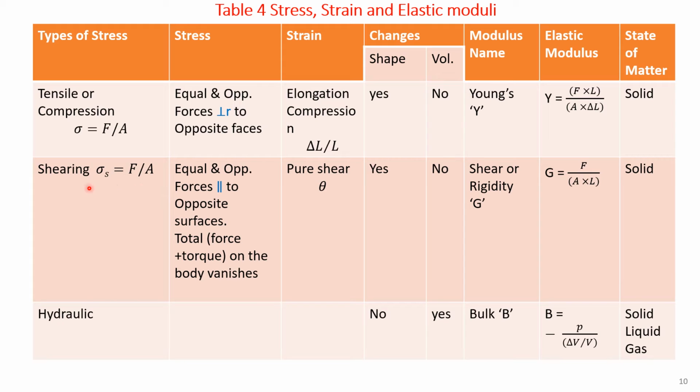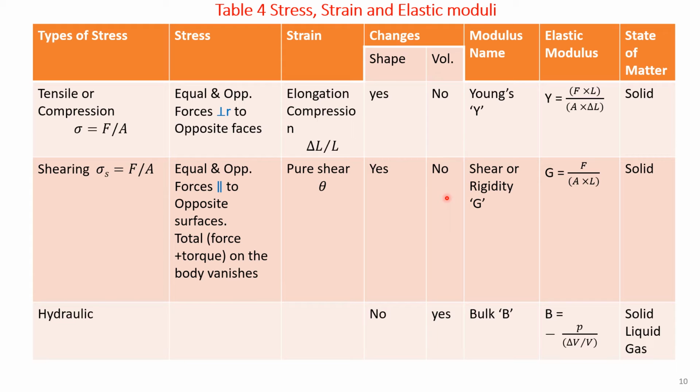In case of shearing forces, the shearing stress, represented by the letter sigma S, is also equal to F by A, but here the forces are acting parallel to each other, and the top and the bottom are usually fixed. Therefore, the strain is theta, that is, angular change. There is a change in shape but no change in volume.